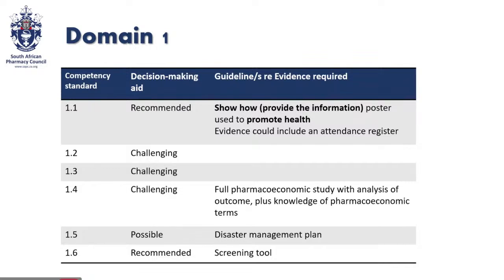You can also add to that a patient questionnaire or survey at the end that you have asked the patients to complete and to evaluate their understanding of the topic that you presented on. We also said 1.6 there, we need to see the screening tool at least. Remember, this is just a guideline.